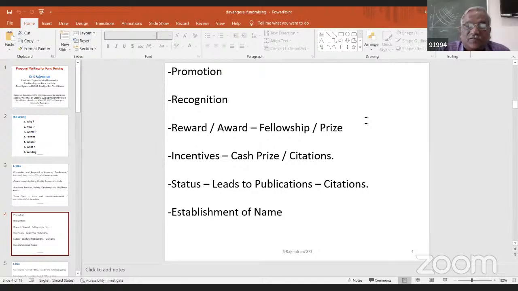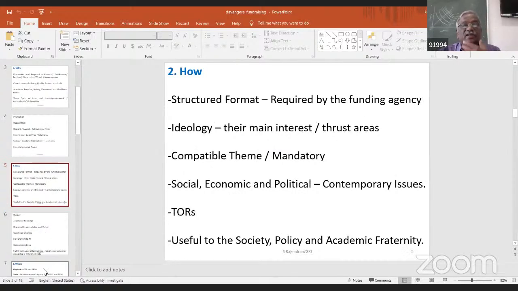That is my personal feeling. Therefore, the individual publications that come out of your research projects lead you to establish a specific status in the area of your research. This is why we take up research in an area of interest.